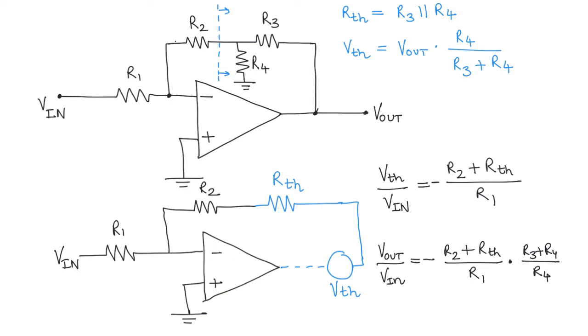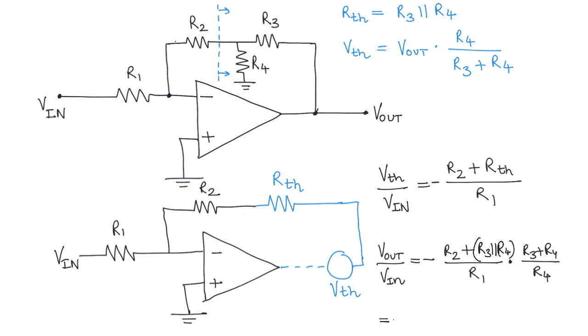We could also substitute the value of RTH, right? Because RTH, what is it? RTH is given by R3 parallel R4. So I'm just going to write that as well here. So you have R3 parallel R4. Okay, and you can resolve this equation. I'm not going to do the arithmetic. I'll let you do it.